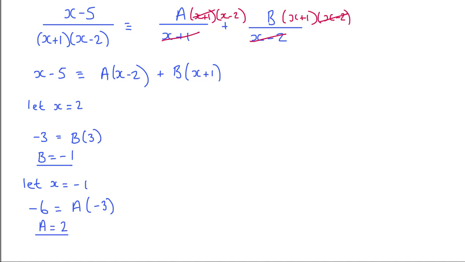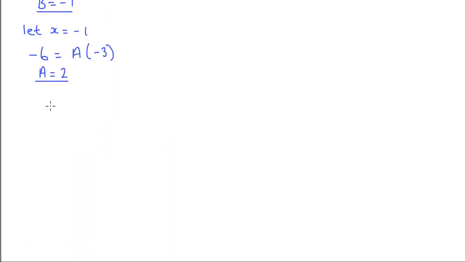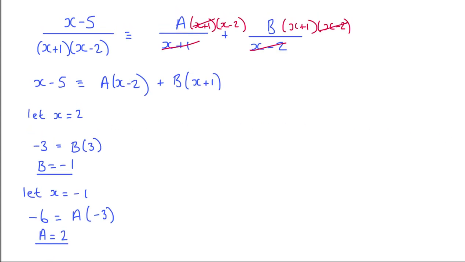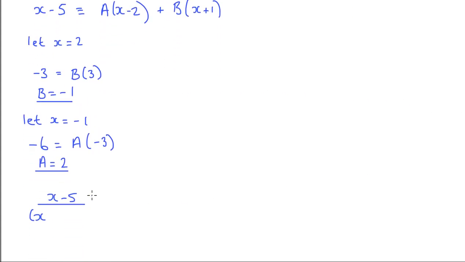So we now know that x minus 5 over x plus 1 x take 2 is exactly the same as 2 over x plus 1, and it was a minus 1, so I'm going to write that as a takeaway, takeaway 1 over x take 2. They are the same, they're identical.